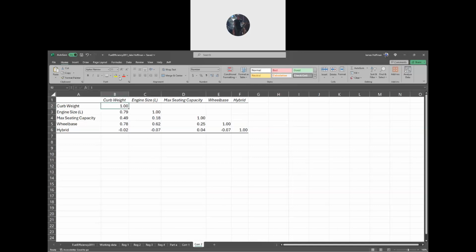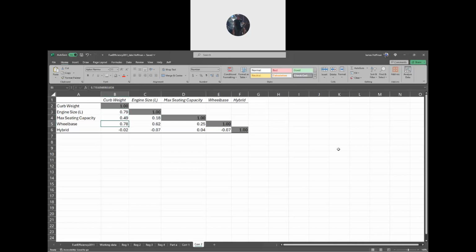All right, so let's look again. So let me take these ones out of my view. Okay, so not a big deal, not a big deal, not a big deal. So let's look at curb weight, engine size, and curb weight, wheelbase.